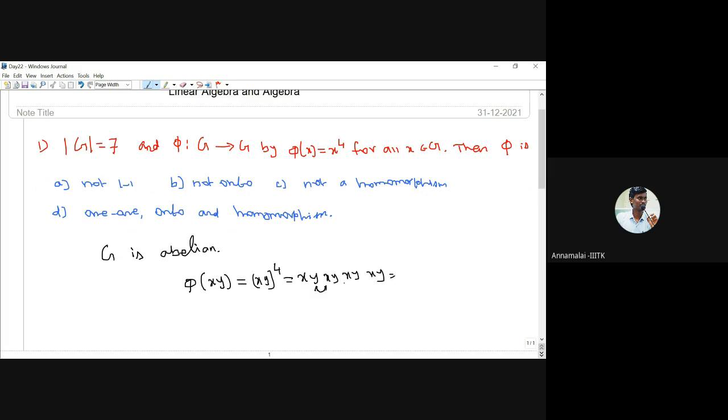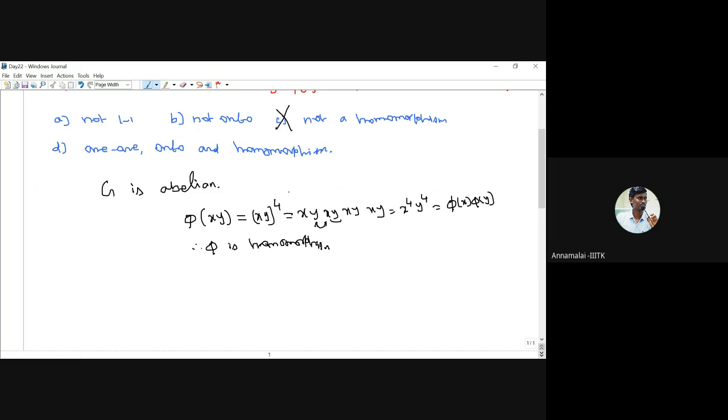Again, you can interchange y and x everywhere, so we get x power 4 y power 4 because G is abelian. Otherwise you are not allowed to interchange the elements. So x power 4 is nothing but pi of x, and y power 4 is nothing but pi of y. Therefore pi of xy equals pi of x into pi of y. Therefore pi is a homomorphism. Therefore we can eliminate the third option because this is a homomorphism.